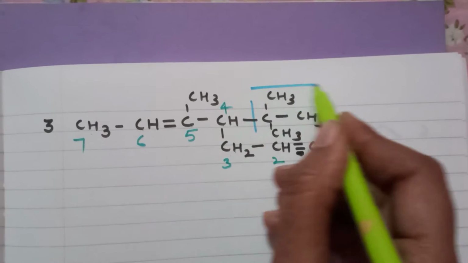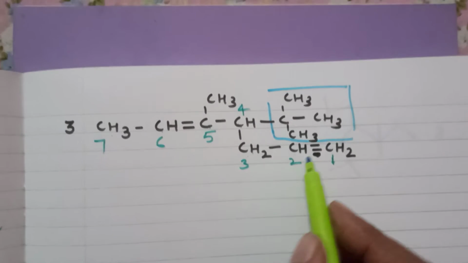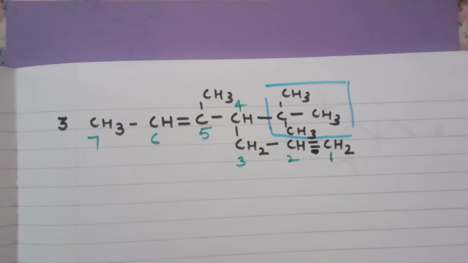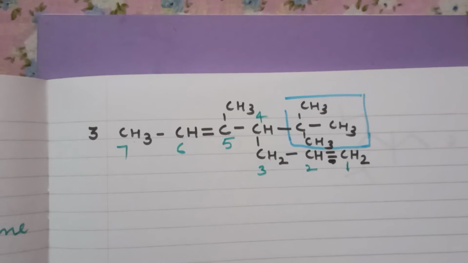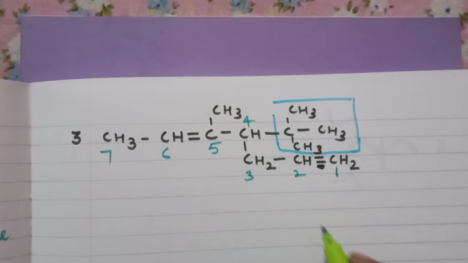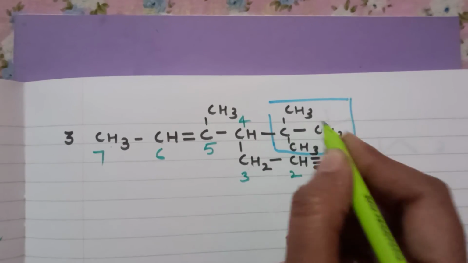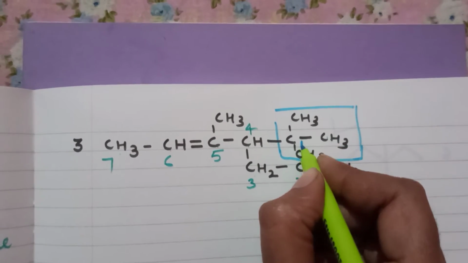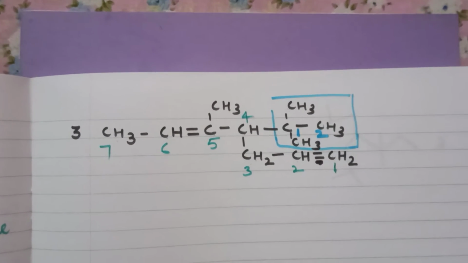But children, see what is happening here. This group is a butyl group, 1, 2, 3, 4 carbon. We can name this group in a different way. We can also number this complex group 1, 2.